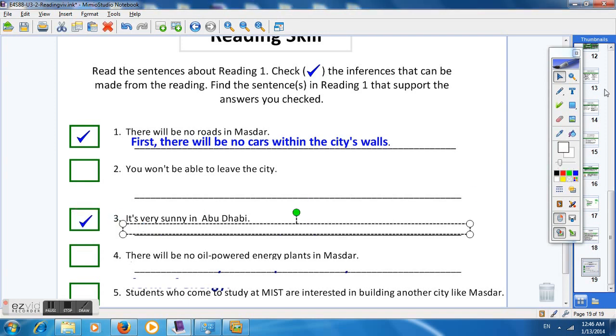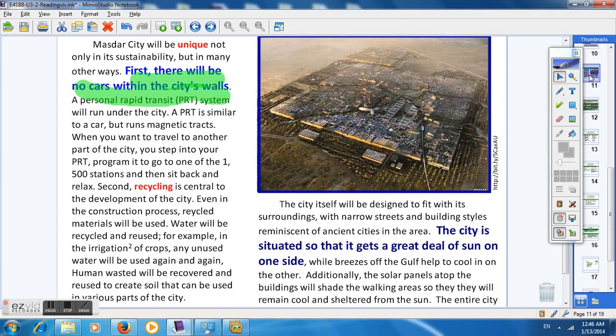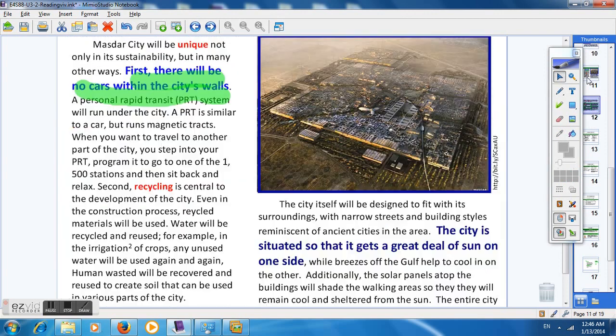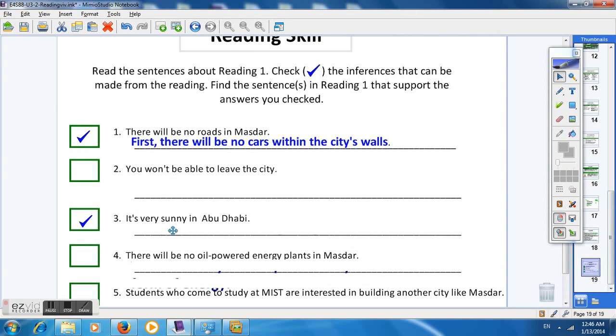Yes. Here. Okay, sorry. Okay, page... Here. The city is situated so that it gets a great deal of sun on one side. So we copy the statement and write here.